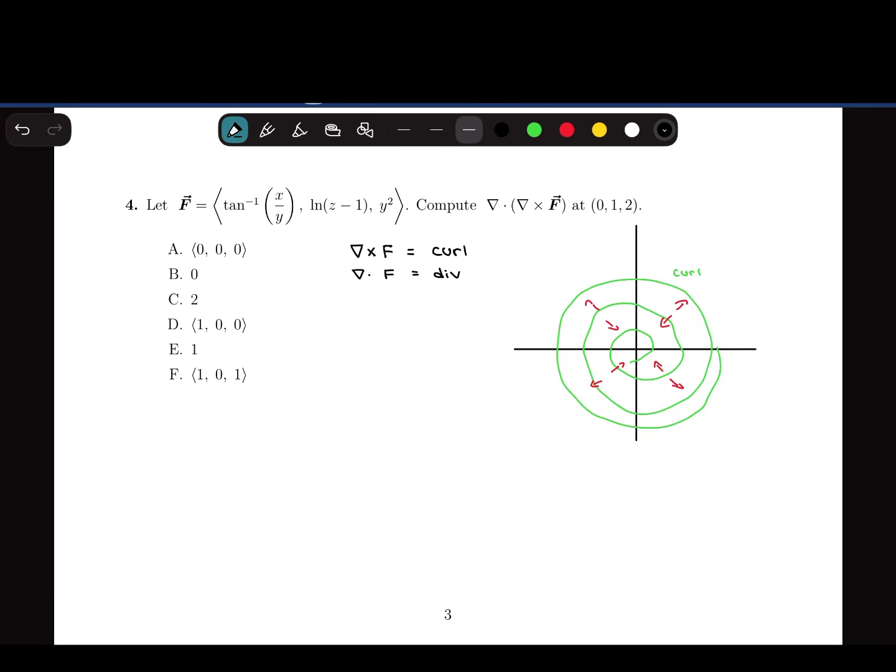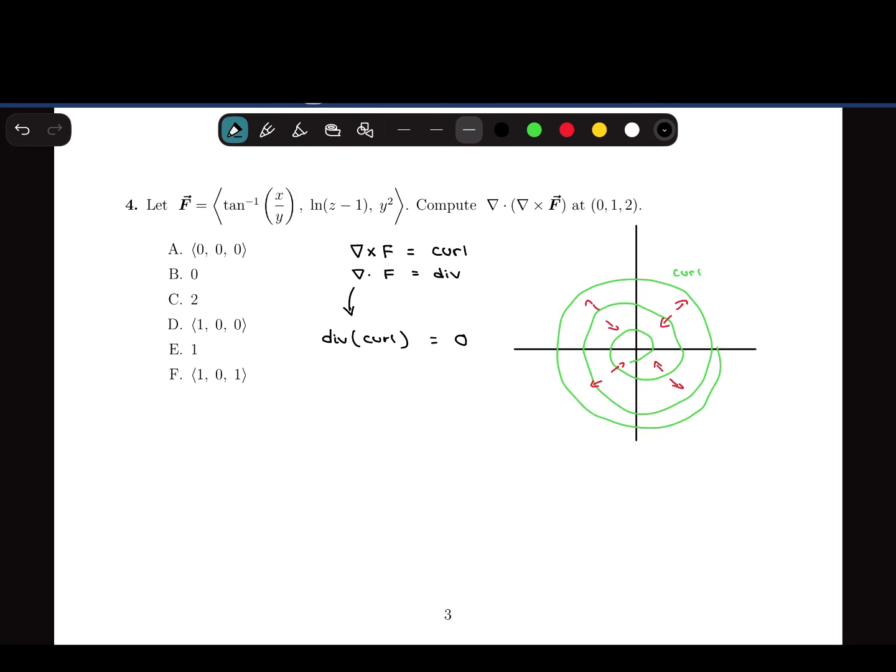In this case, this is where mathematicians call upon this property right here, in which the divergence of a curl is always equal to 0.